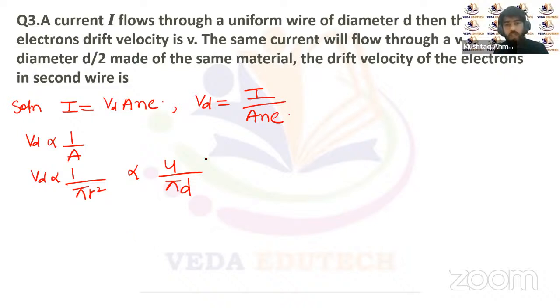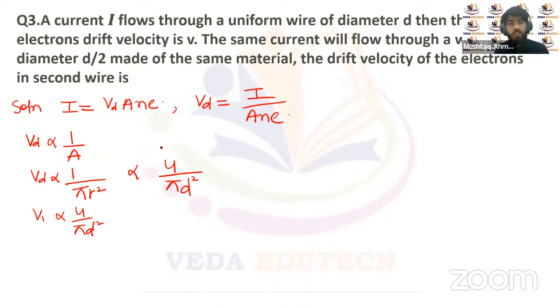Suppose the first wire has a drift velocity of v1. Then v1 will be proportional to 4 upon pi d square.